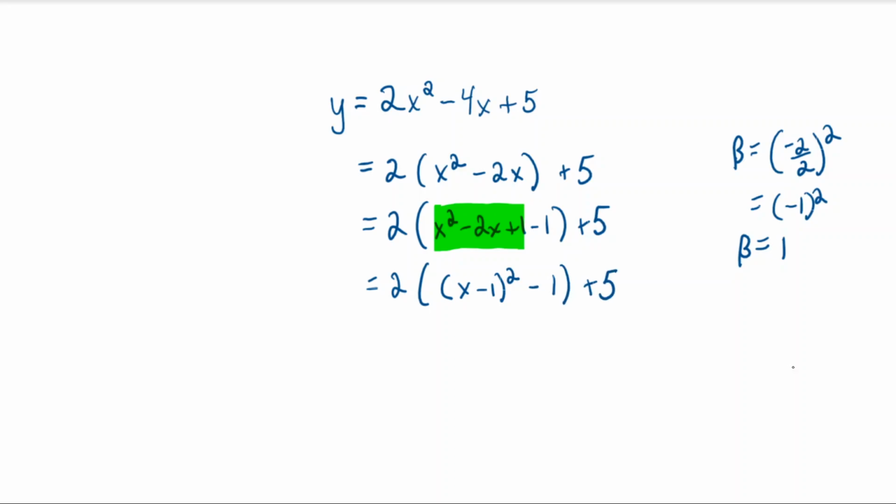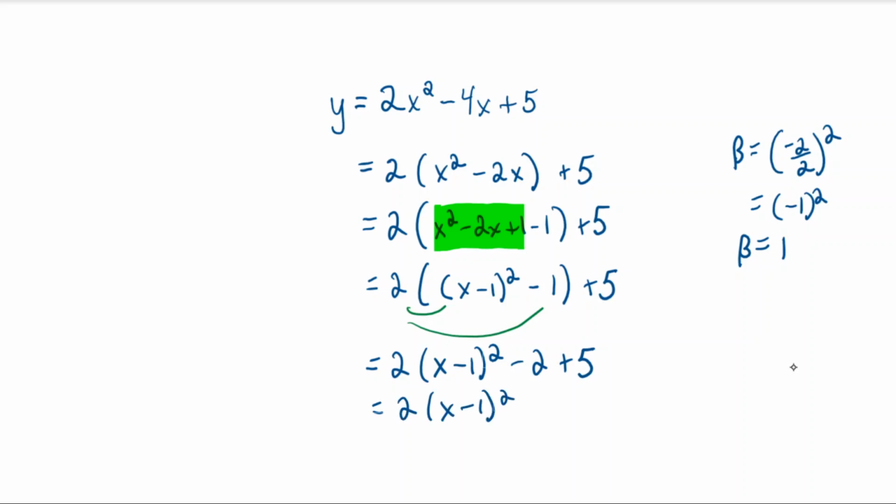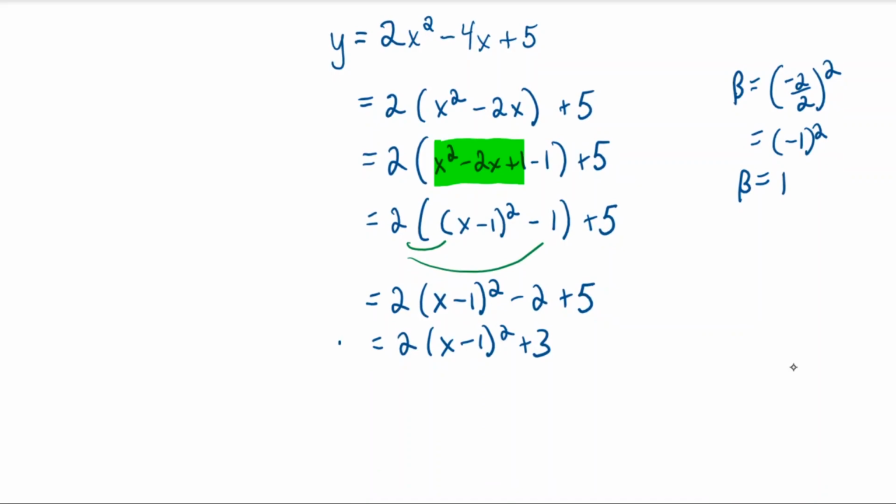So we're going to carefully FOIL out this, and we get 2 times x minus 1 squared minus 2 plus 5. So we've got 2 times x minus 1 squared plus 3. Here's our equation in vertex form.